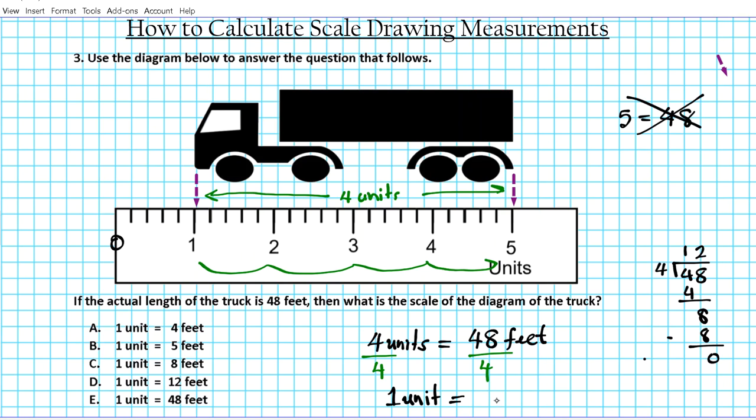So 4 goes into 48 12 times. You can use long division, or you can just divide 4 by 4 to get 1 and 8 by 4 to get 2. So 1 unit is equal to 12 feet. That is the correct answer for question number 3. So the answer to number 3 is option letter D.